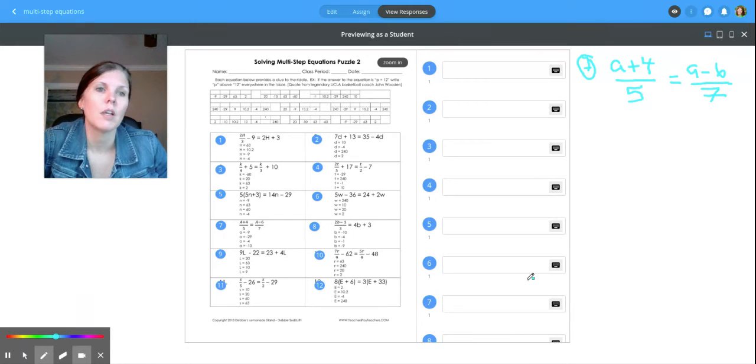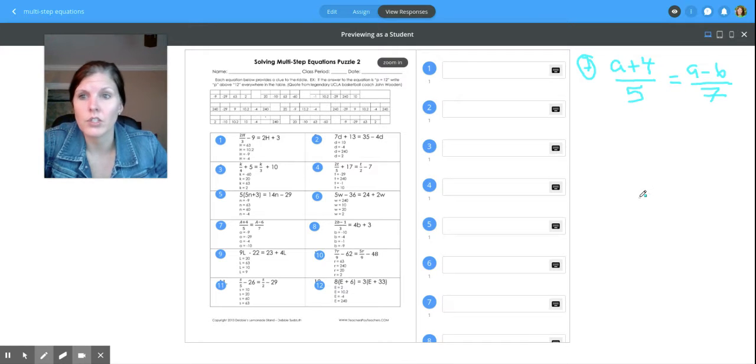So, do you remember when we were first doing these, we talked about the least common denominator, and we would find what the least common denominator was, and we would multiply the whole equation by that number. So this one's actually a really big one. The least common denominator of 5 and 7 is 35. That's a big number, but it's okay.